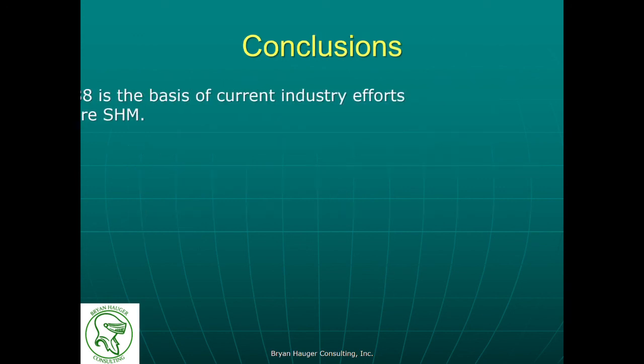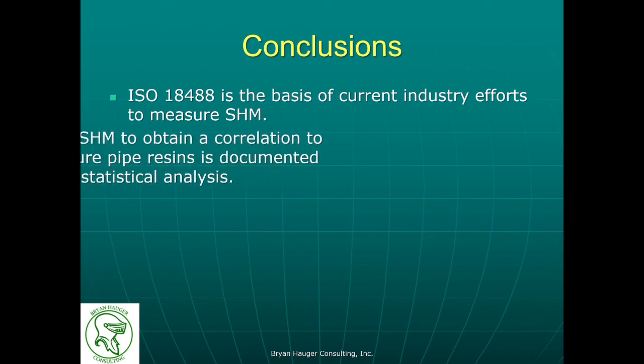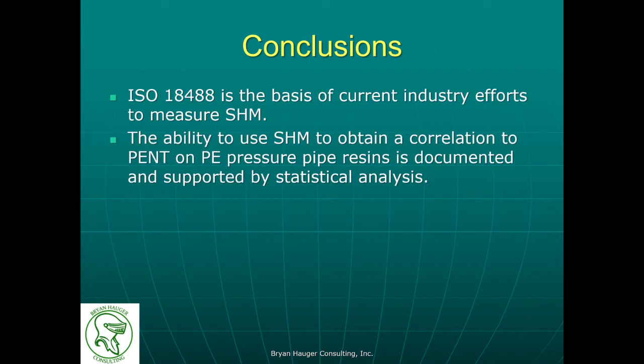I hope I have not only introduced you to the ISO 18488 test method, but that I have also convinced you of the potential viability of using this tensile test to replace PENT testing, at least in some scenarios and in a fraction of the time currently required to obtain those results.